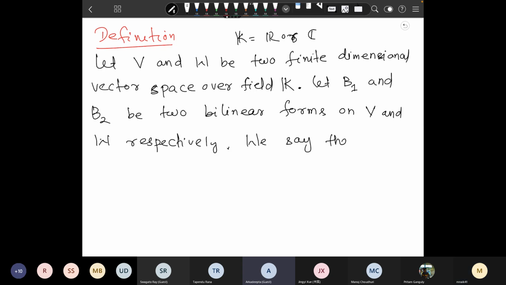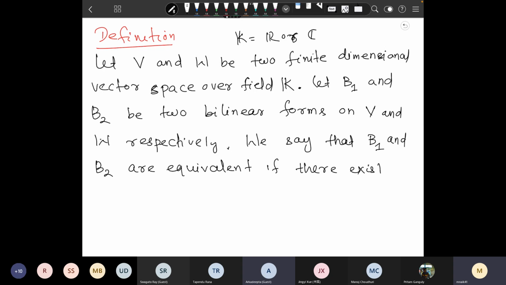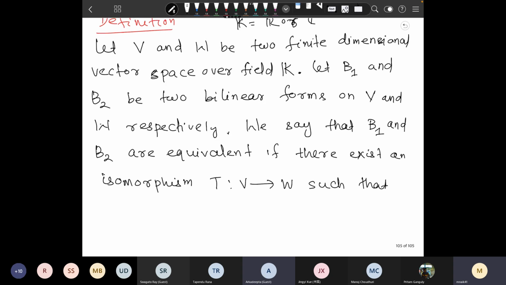We say that B1 and B2 are equivalent if there exists an isomorphism of vector spaces T from V to W so that B2(Tu, Tv) is equal to B1(u, v) for all u, v belonging to V. This definition is more natural.